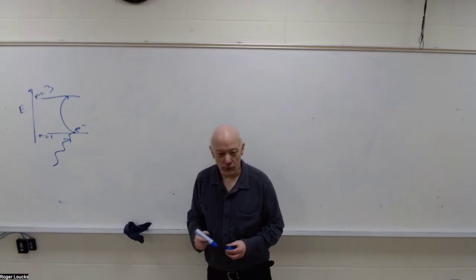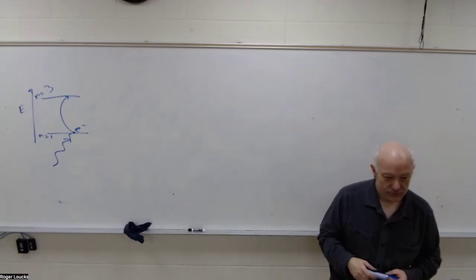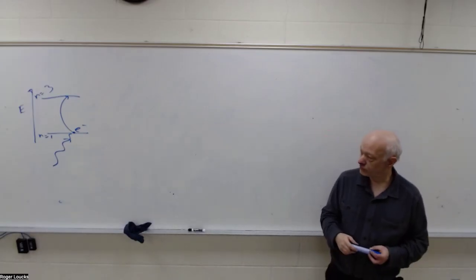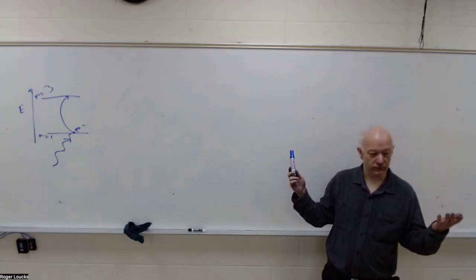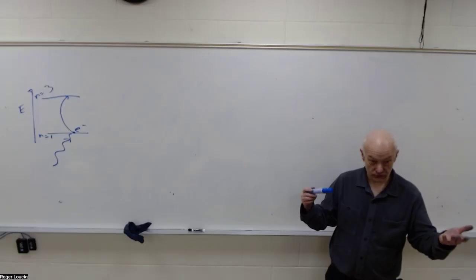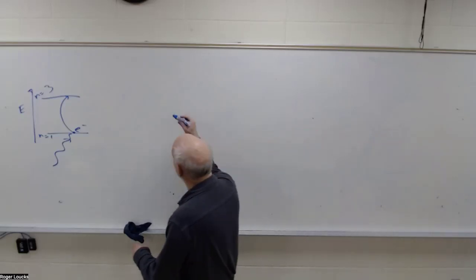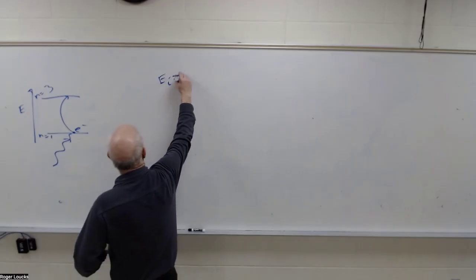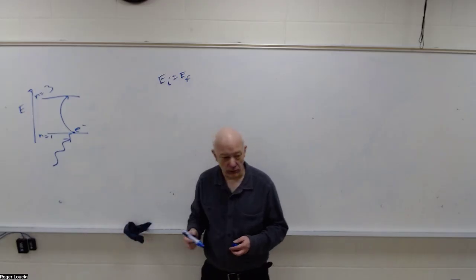How do we do this? You're pros at this. What does that sound like from first semester physics? Conservation of energy. Okay, so conservation of energy. So I'm going to say E initial. What is my initial energy here?